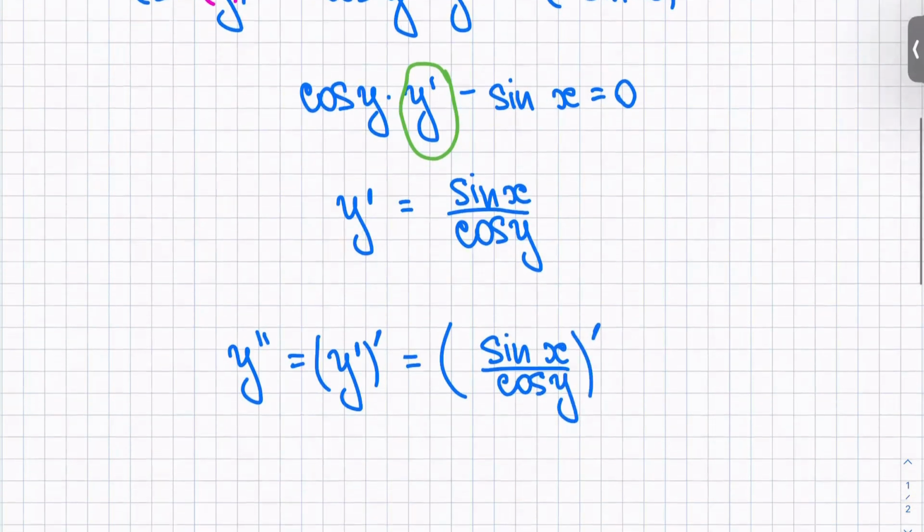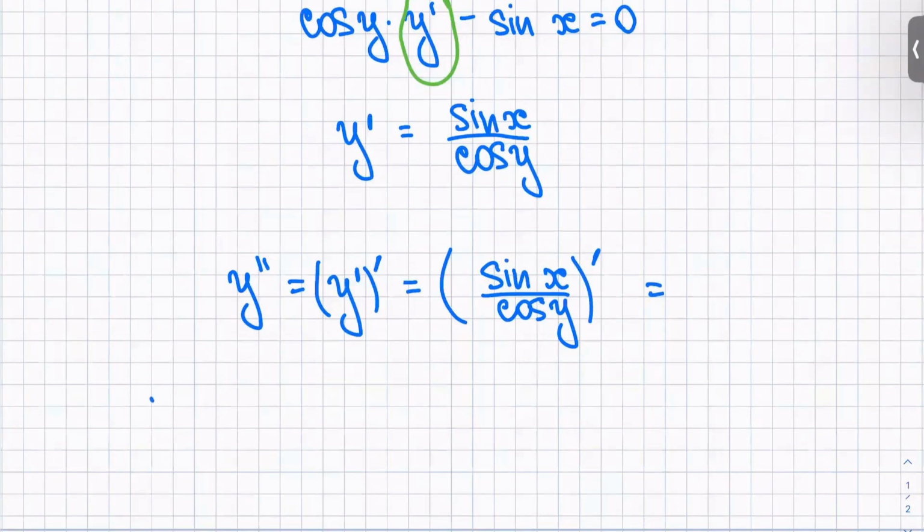And here, dear students, you see that this is exactly the quotient rule because you have the division of two functions. You have the division of sine x by cosine y. So we will be applying just a quotient rule.